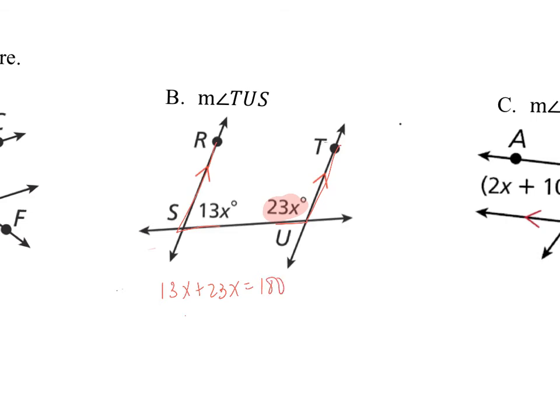Add these together and I get 36x equals 180. Divide both sides by 36, and x equals 5. So I plug that back in, 23 times 5, because of the 23x, and 23 times 5 is 115 degrees. That makes sense because it's obtuse.